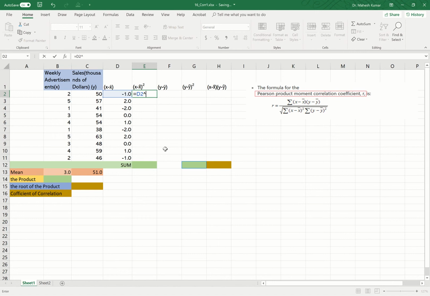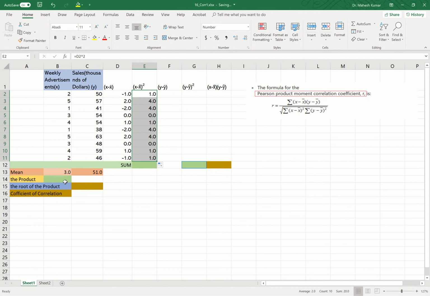On the keyboard you press shift and 6 and the caret sign appears. Since we are squaring, raised to the power 2, we type 2 here and press enter. Here we get (x minus x bar) squared, and I drag down these values.